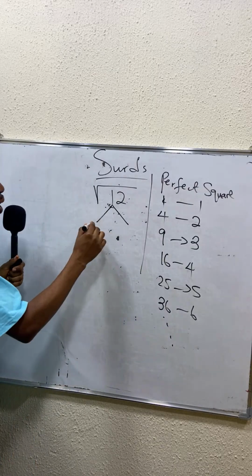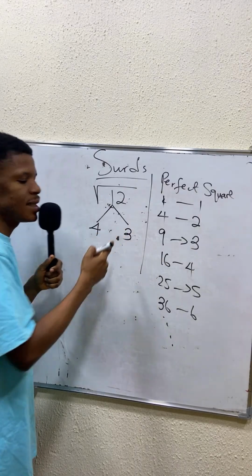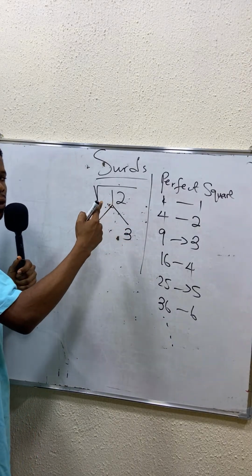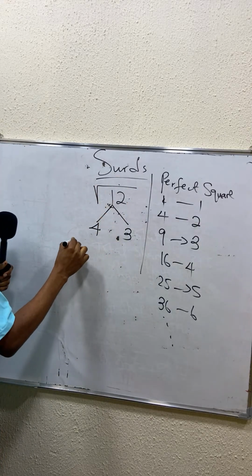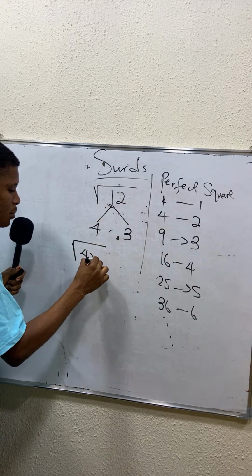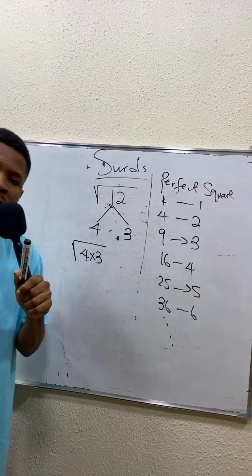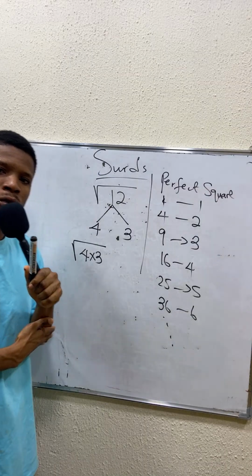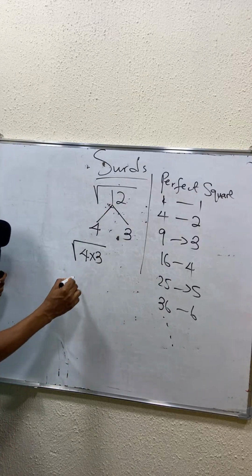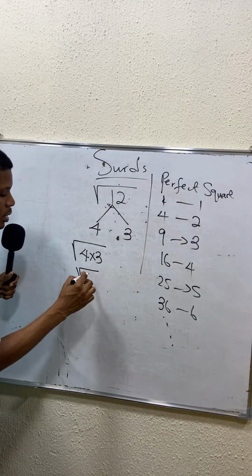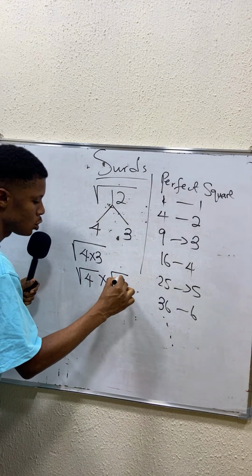You see that when you multiply 4, which is a perfect square, by 3, you are getting exactly 12. So you can rewrite root 12 as the square root of 4 times 3. You know that 4 times 3 is 12. Then to simplify it, you have to understand that in multiplying surds, you can split them and take them in different square roots.